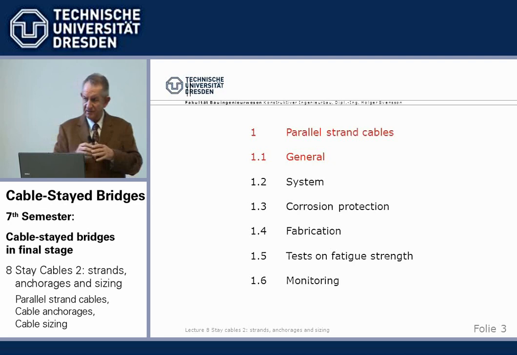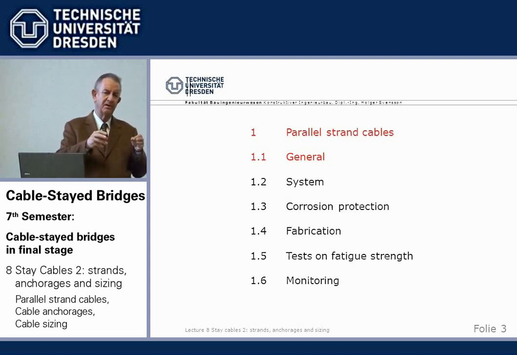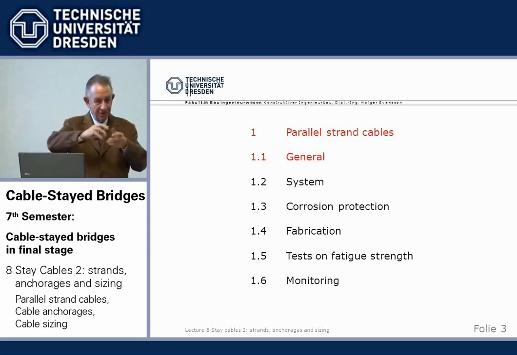The basic idea from the parallel wire cables, having those tension members in parallel and not losing through the twist strength and stiffness, is also true for the strand cables, and they were the later development because people said, oh, that's a good idea to have it parallel, not twisted.